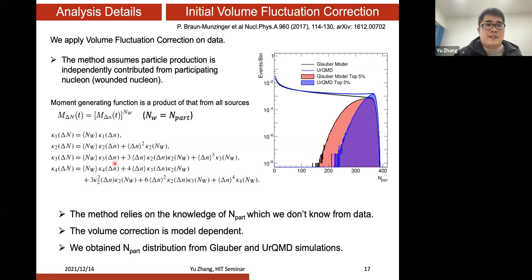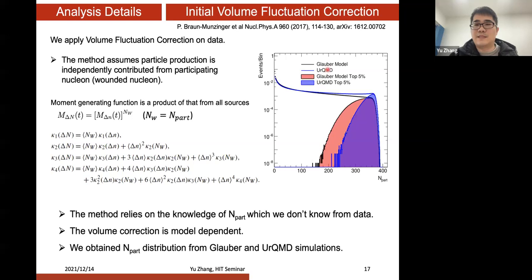And this method, besides the assumptions, needs input. The input that it needs most is the impact parameter distribution, which we don't know from data. We have to rely on models. So on the right-hand side is the impact parameter distribution from two simulations.